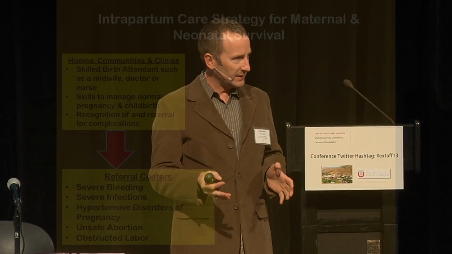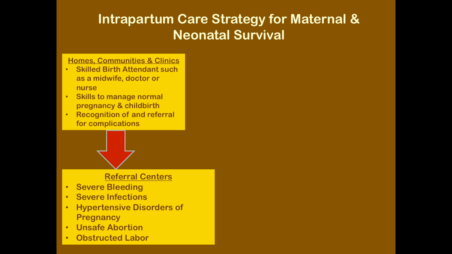So if we're going to make further gains in maternal survival, next, we need referral centers that have a very close relationship to the communities and clinics to deal with these 5 leading causes of maternal death. Next.